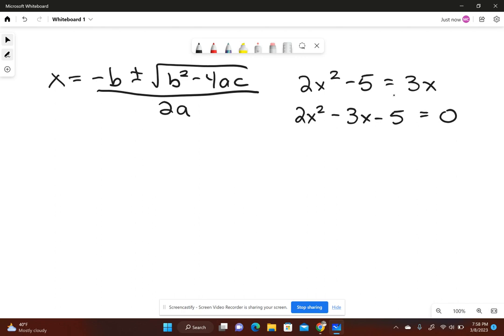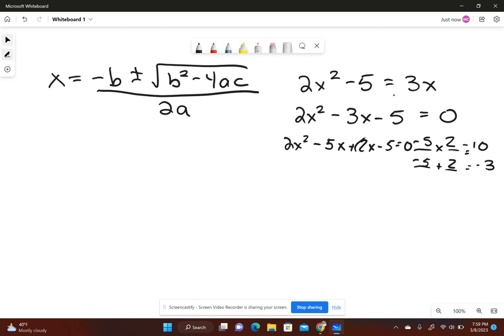Now, I would always try first to solve by factoring, because if factoring works, it's the quickest. So I'm looking for two numbers that multiply to negative 10, but add up to negative 3. And in this case, negative 5 and 2 works. So this is factorable. So we're going to first solve it by factoring, but then we're going to also solve it by using the quadratic formula.